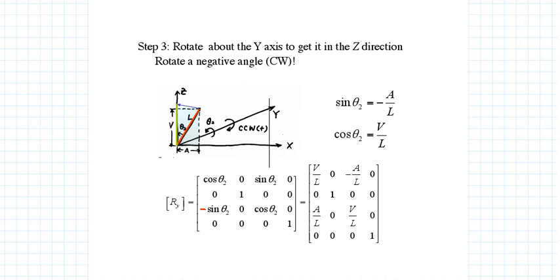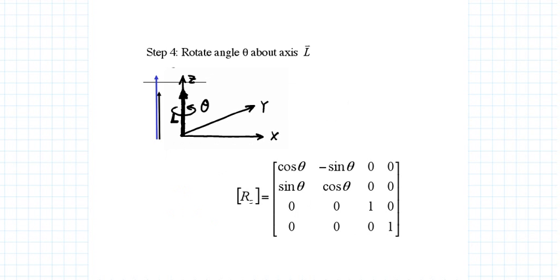So this is the second rotation which you need to apply onto your system in your mathematical sequence, so that your arbitrary axis gets aligned with the primary x-axis. Then a simple rotation with respect to the x-axis.